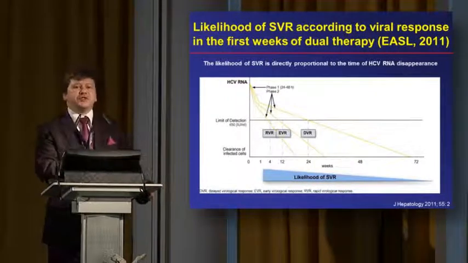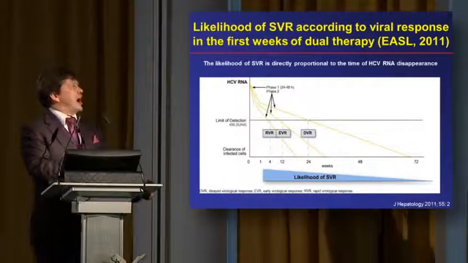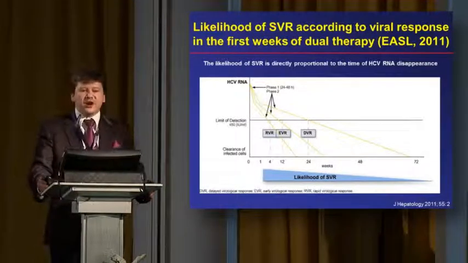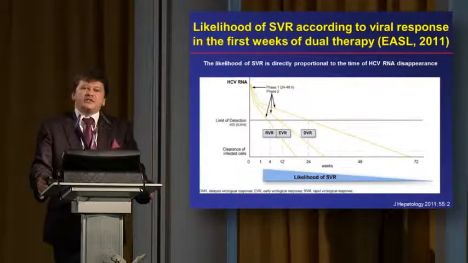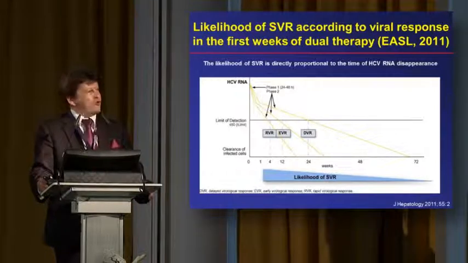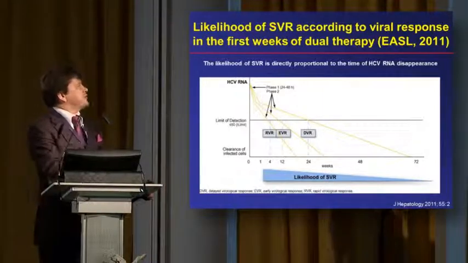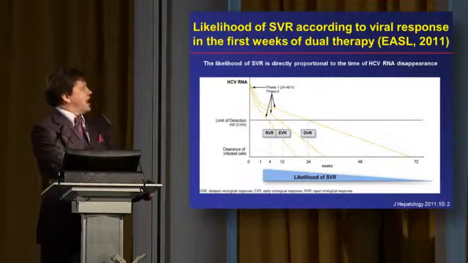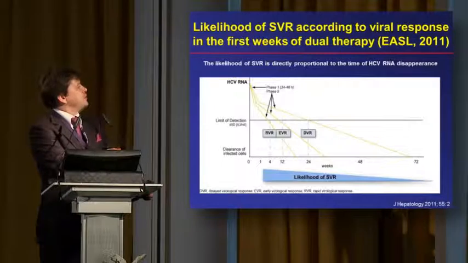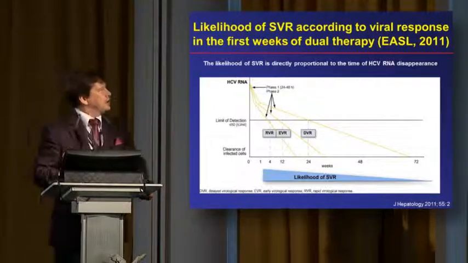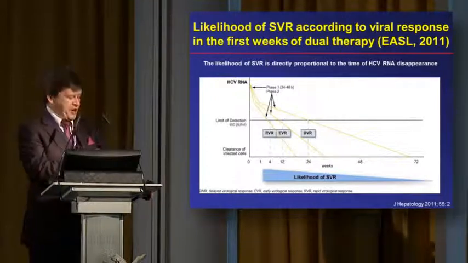On-treatment predictors: the likelihood of SVR according to viral response in the first weeks of dual therapy was demonstrated some time ago. On the slide you can see the likelihood of SVR is directly proportional to the time of RVR, week 4, EVR, week 12, and DVR, week 28, of HCV RNA disappearance.